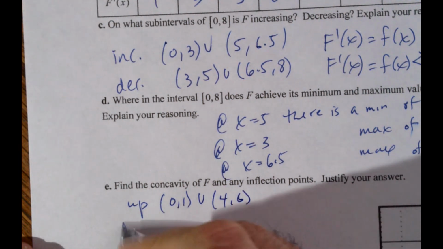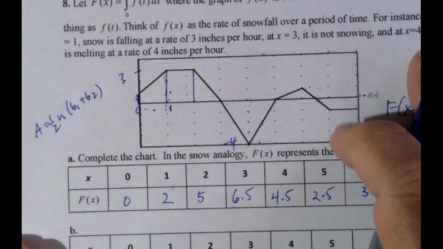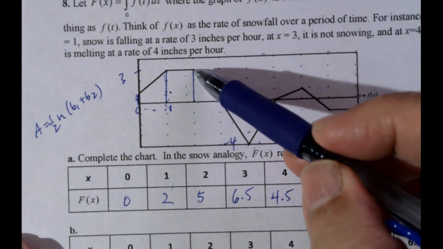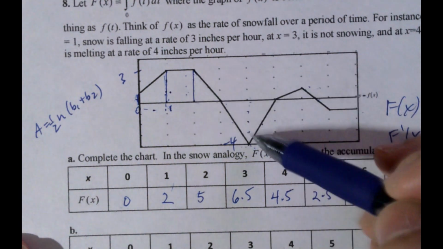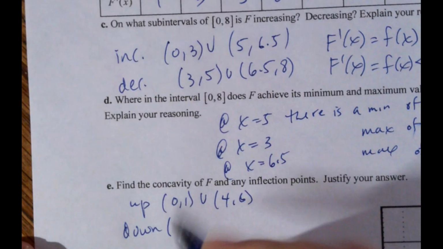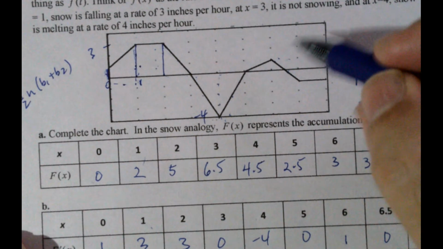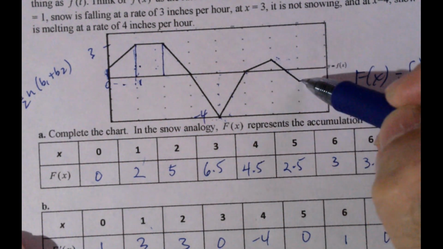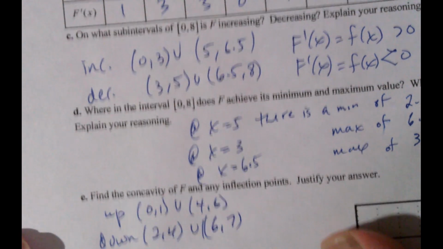It's concave down from 2 to 4, and from 6 to 7. All right.